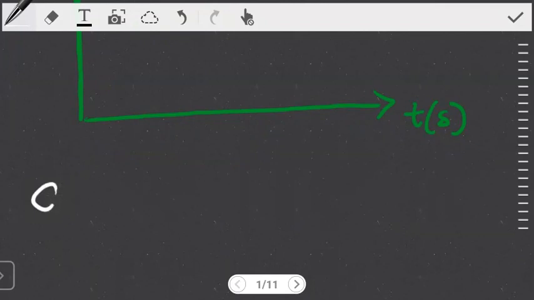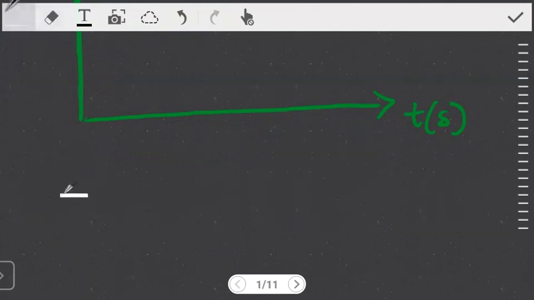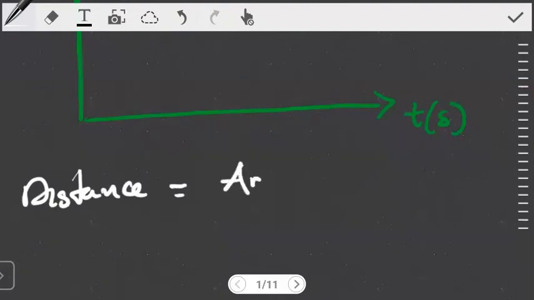The displacement of a velocity time graph will always be equal to the area under the graph. The distance covered will, in magnitude, be equal to the area under the graph.